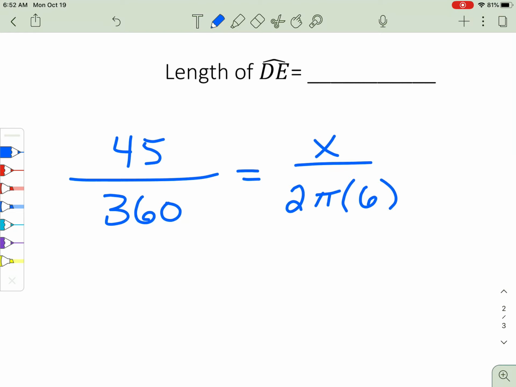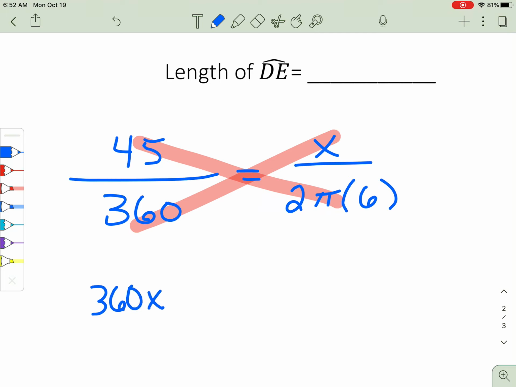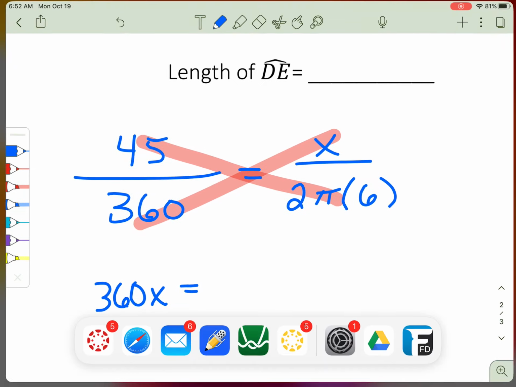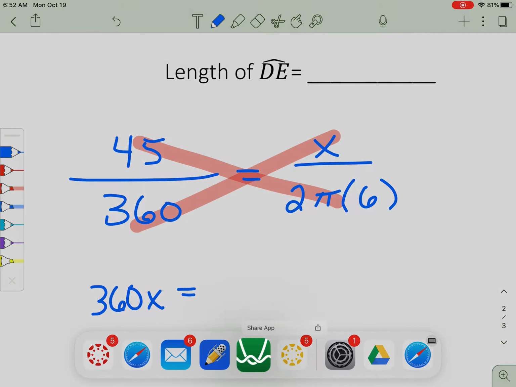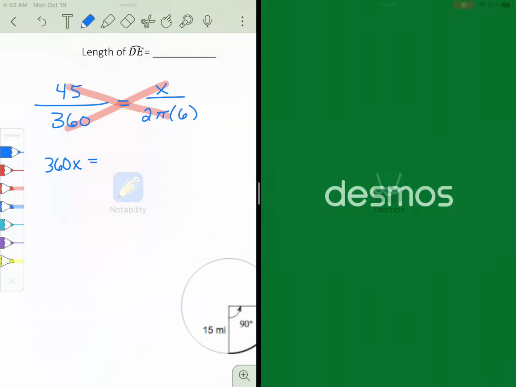So let's cross multiply. We have 360x equals 45 times 12 pi, which we put in our calculator. Oops, I put 2 pi.